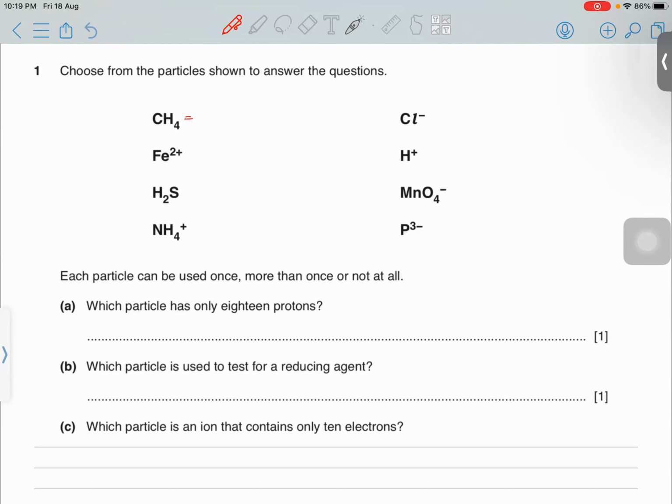Carbon has 6, plus 4 because there are 4 atoms of hydrogen, so a total of 10 protons. For iron, it's 26, I think. 26 minus 2 is 24. Sir, why didn't you do minus 2? Because plus 2 is here. Whenever you have a plus sign, it means remove 2 electrons. Okay, sir.